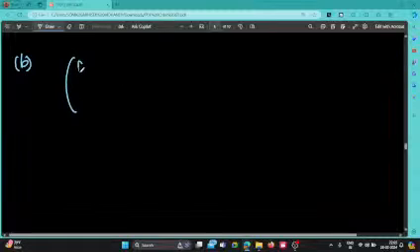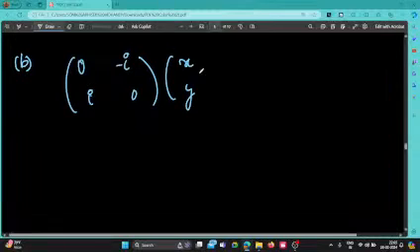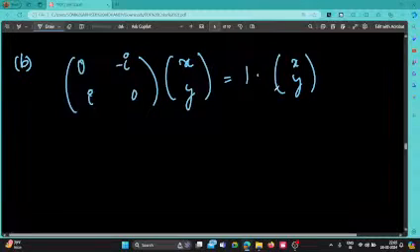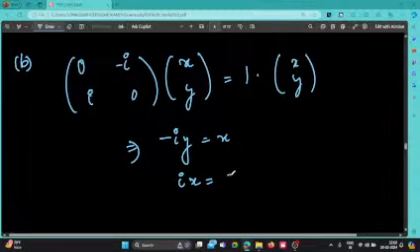For eigenvalue 1: (0, -i; i, 0) times (x, y) equals 1 times (x, y). So minus i y equals x, and i x equals y.